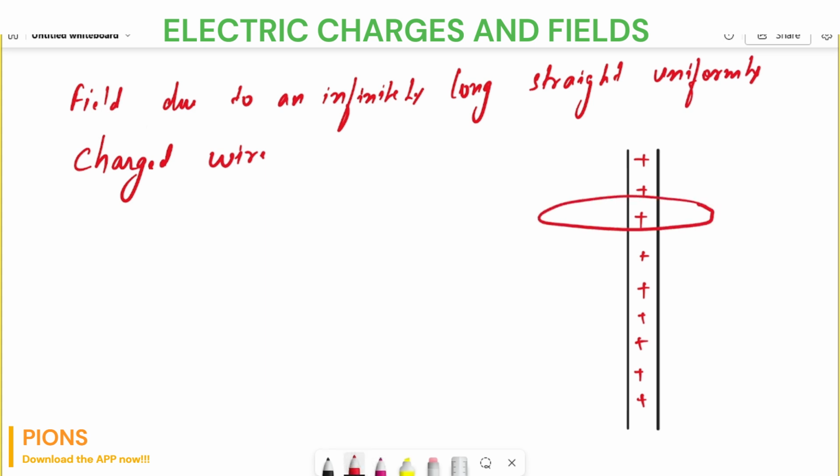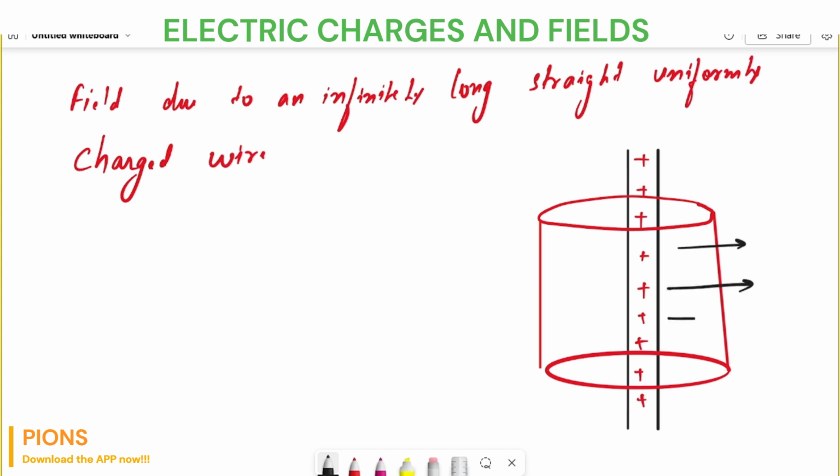So let's say this is our cylindrical Gaussian surface, and we are finding the flux due to the cylindrical Gaussian surface. The electric field due to this wire will be radially outward in all directions, radially outward because of positive.